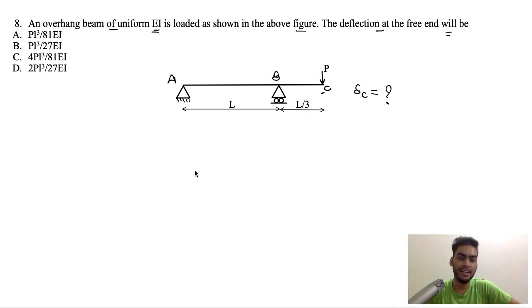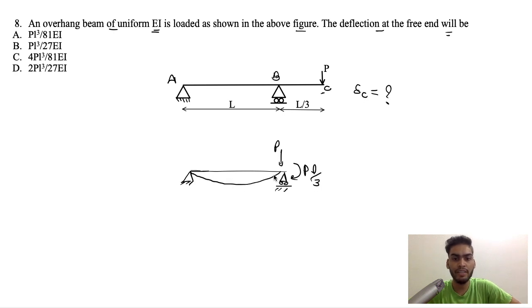So we can remove this overhang part, or we can shift the force here. So here we'll have a force P and a moment PL by 3. Now for this case, what will be the rotation here? The rotation for a simply supported beam, if a moment M is applied at the support, is given as ML upon 3EI.